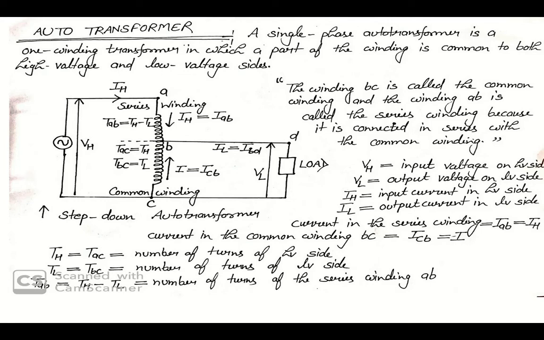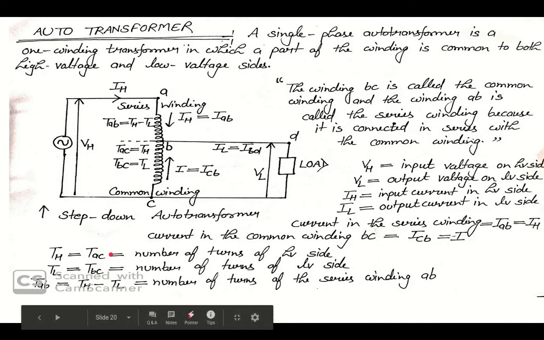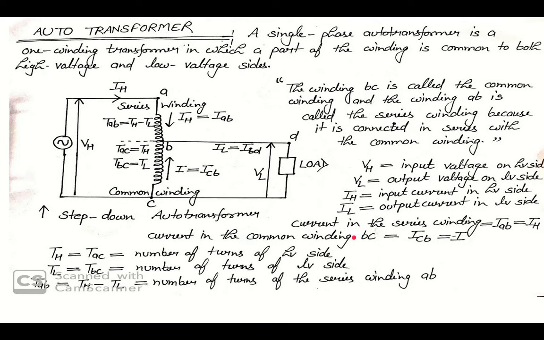Here, TH is equal to TAC, the number of turns of the full winding ABC, which is the number of turns of the high voltage side.